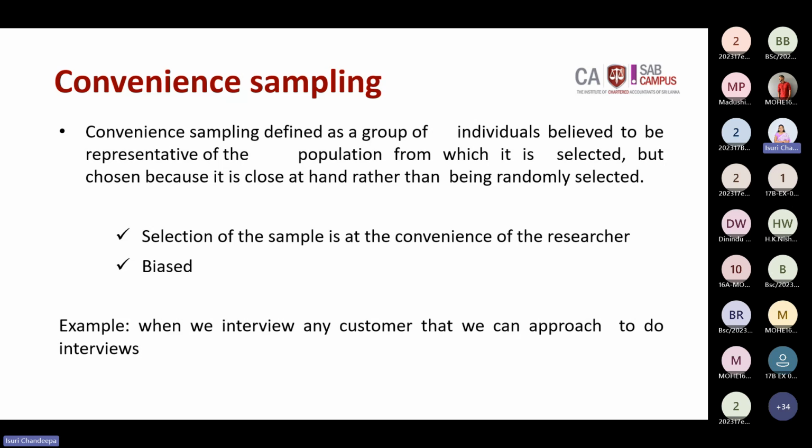It's easy, no? If I give you the questionnaire and ask you to fill it out, definitely you will fill it out. So I can collect the data very easily, but it's surely biased data.